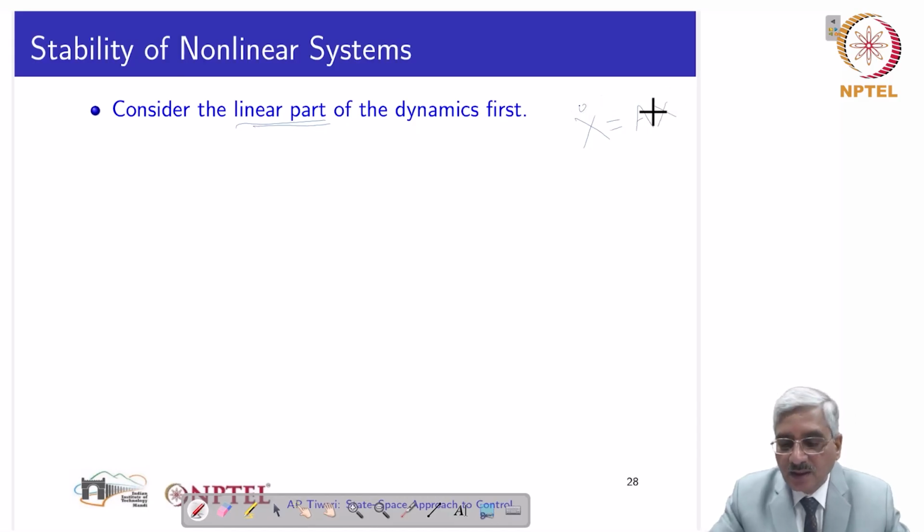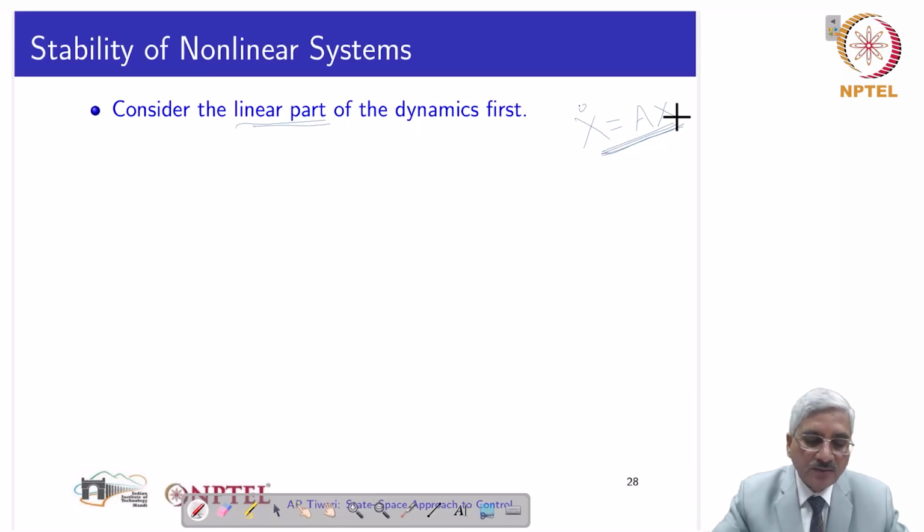If this linear system is stable, then the nonlinear system will have an assured region of stability around x equal to 0, the equilibrium point. However, if this linear system itself comes out to be unstable, then the nonlinear system also will be unstable.